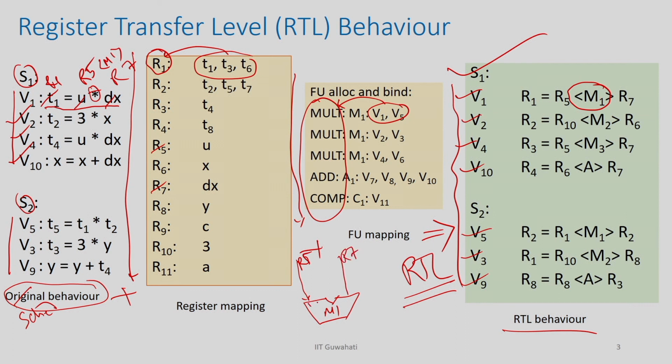In time stamp 2, this is again M1 and R1 will come here, and here it will be R2. Here I have taken only 2 states, but suppose there are 20 states. For every time stamp you can identify the inputs of that FU over all time stamps, right.